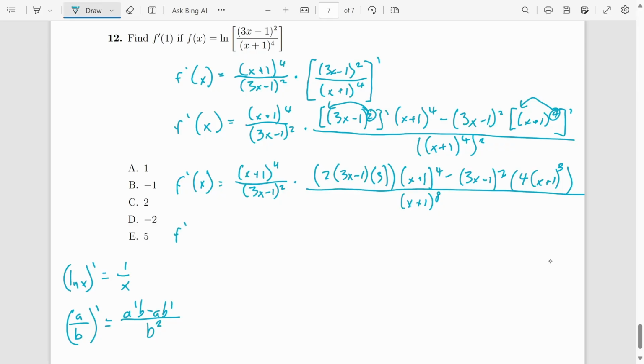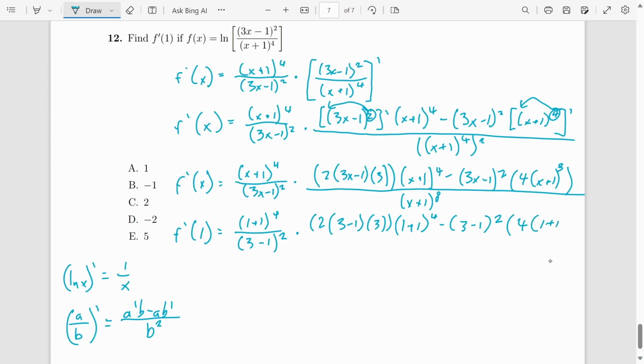So f prime of 1 now is (1 + 1)^4 all over 3 times (1 - 1) squared times, this is now going to be 2 times (3 - 1) times 3 times (1 + 1)^4 minus (3 - 1) squared times 4 times (1 + 1) cubed all over (1 + 1)^8.